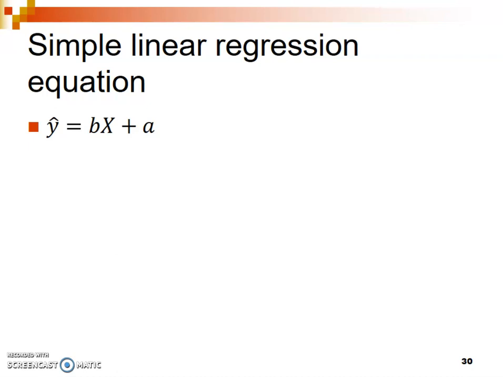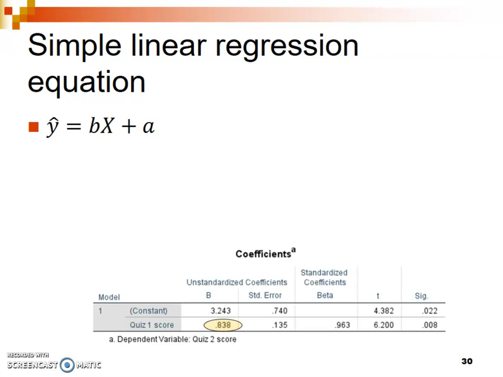This is the general structure for our linear regression equation, and we can get the value for B from that coefficients box in your SPSS output.